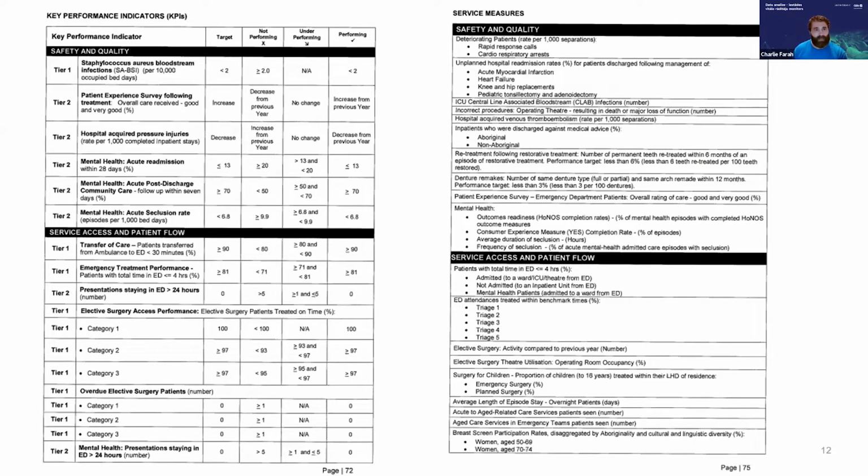So they're the ones on the left-hand side of the screen, as I was just describing, some key performance indicators around safety and quality, service access, and patient flow. But on the right-hand side, you'll see that there's no targets specifically around these measures. So these are what they call service measures.